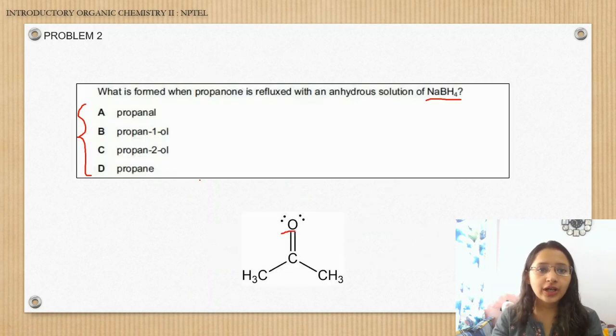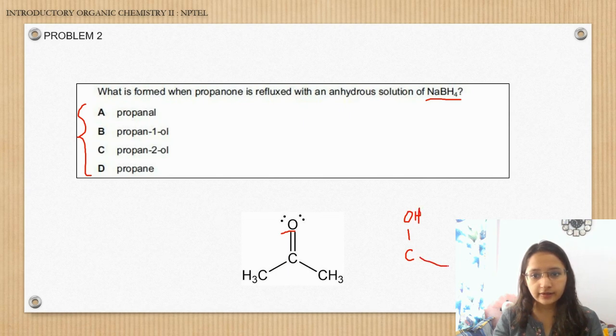So coming back to the question, they are asking that if sodium borohydride reduces the propanone, which of the following species is getting formed? If it is getting reduced, then an alcohol species is getting formed, that is a carbon with an OH, and here two methyls are there.